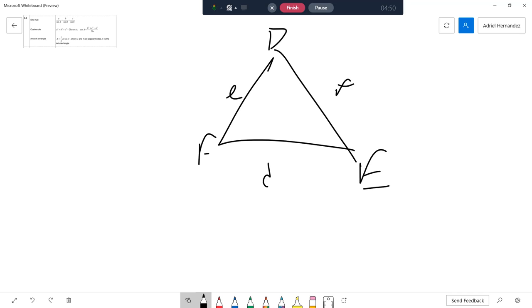And say this equals 81 degrees, 38 degrees, and 61 degrees. And I'm also given 23 for side length D.